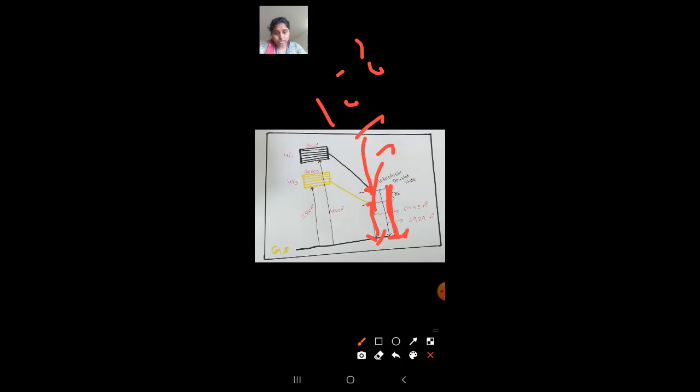In this process, they emit some radiation. This radiation is 6943 angstroms, and this one is 6929 angstroms.